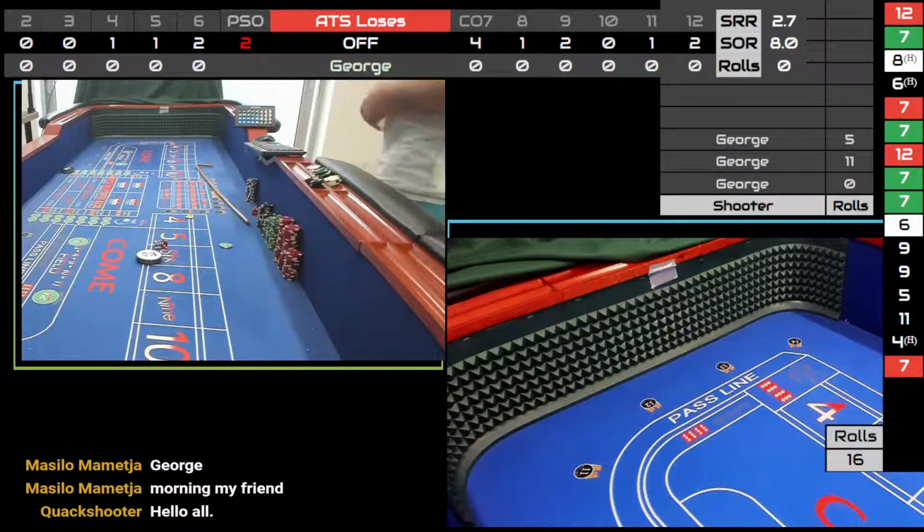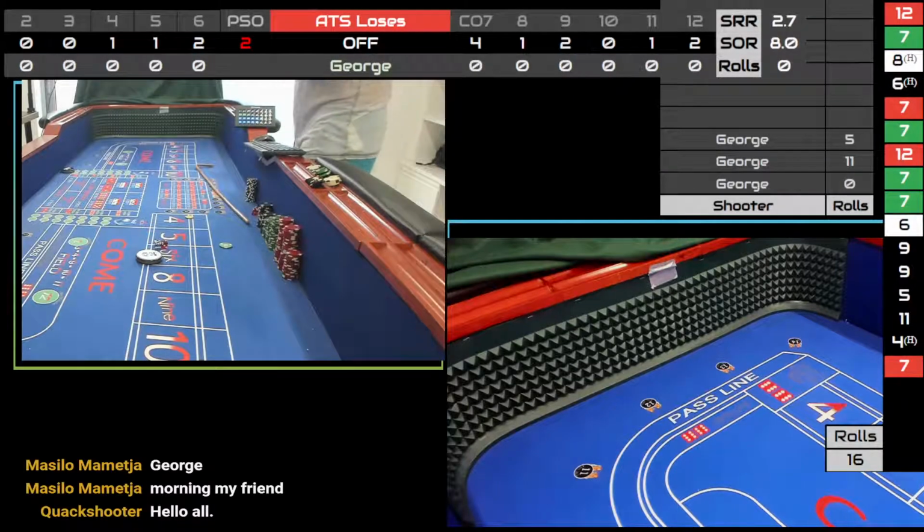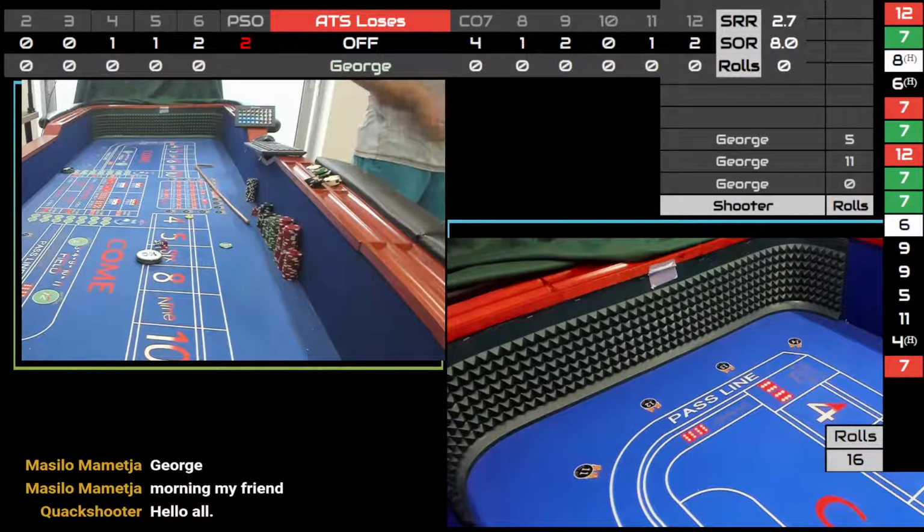I feel quite good about the throw. And the idea of easing in is very important. So I had two 7-outs with 1, 2, 3 7s as come outs, which is why my SRR is so low.